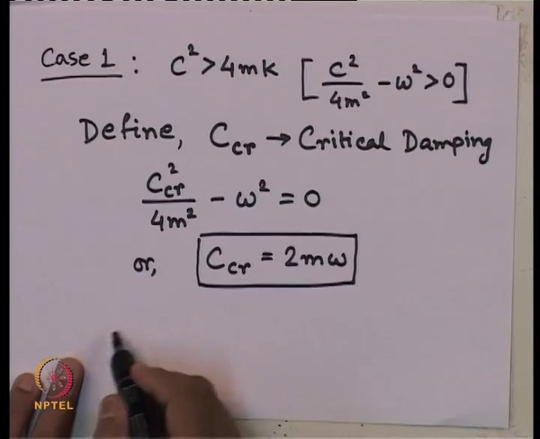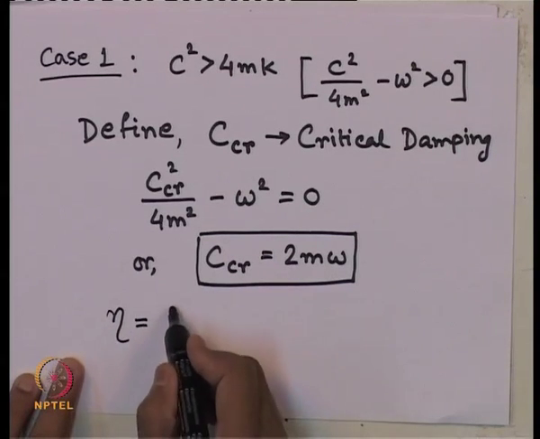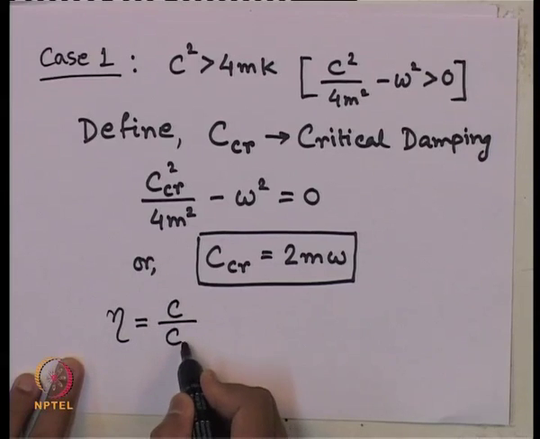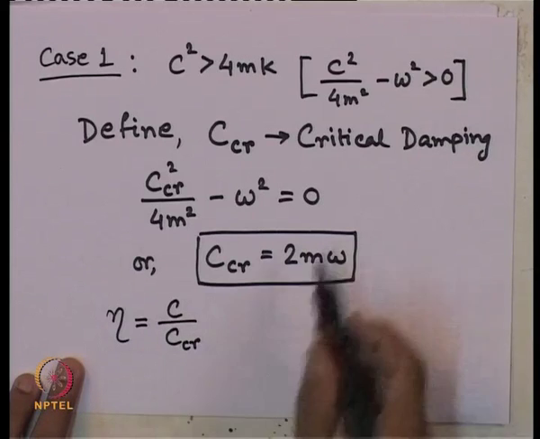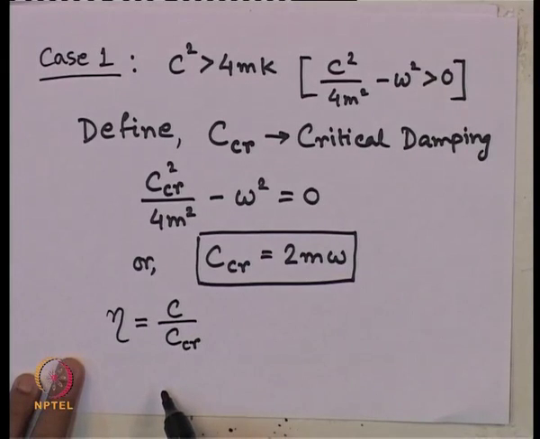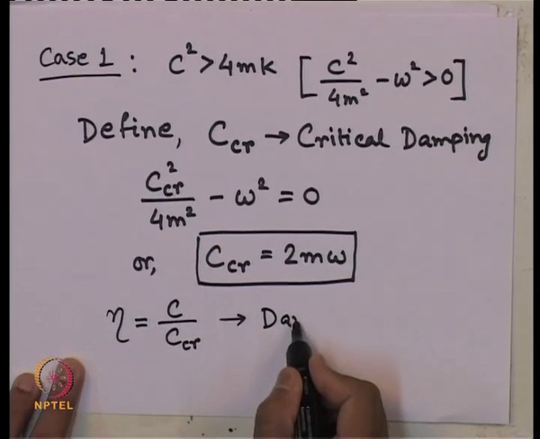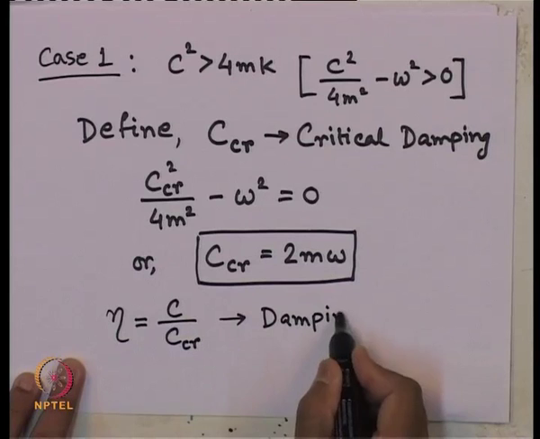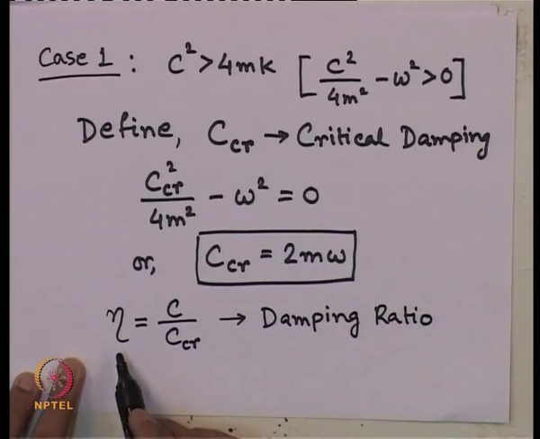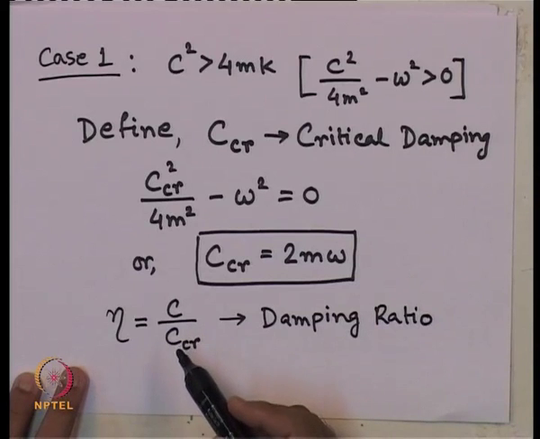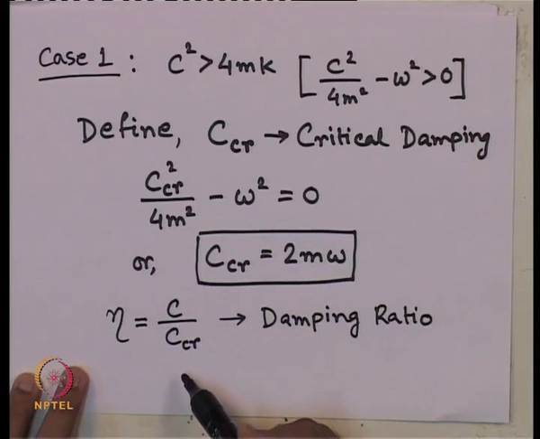Now, let us define another parameter eta as ratio of the given damping constant to that critically damping constant. So, eta is known as damping ratio. So, the damping ratio is defined as the ratio of damping constant to the critically damping constant.